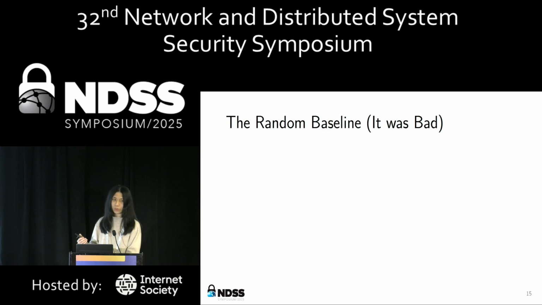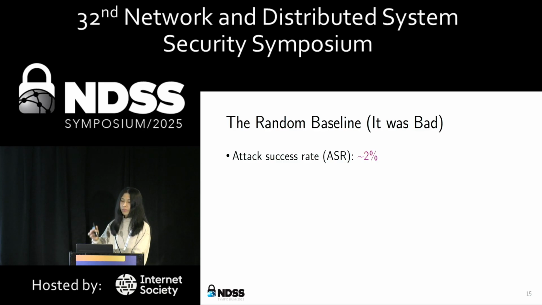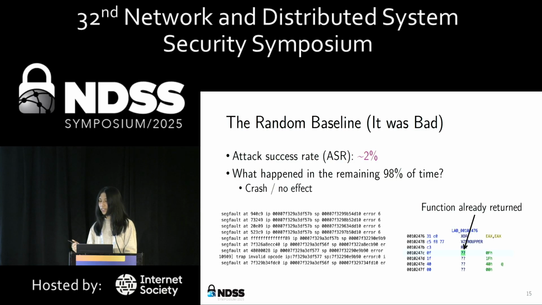The attack success rate, or ASR, was around 2%. That means if we choose a random bit to flip in the victim model, we would only successfully downgrade it to a random guesser around 2% of the time. And sadly, in the other 98% of the time, they just lead to crashes or simply have no effects at all.